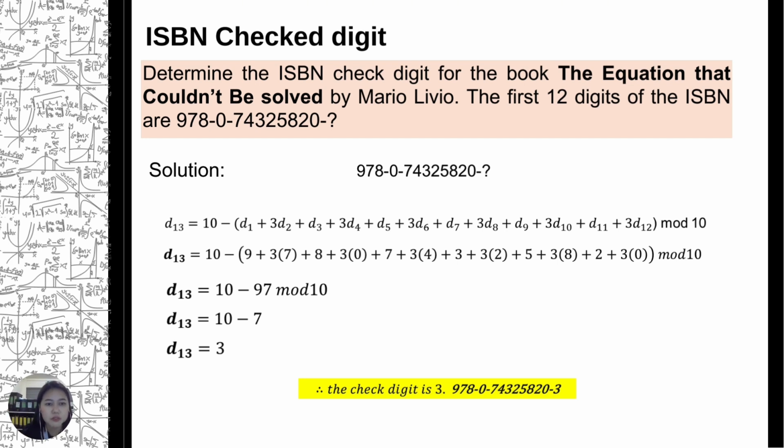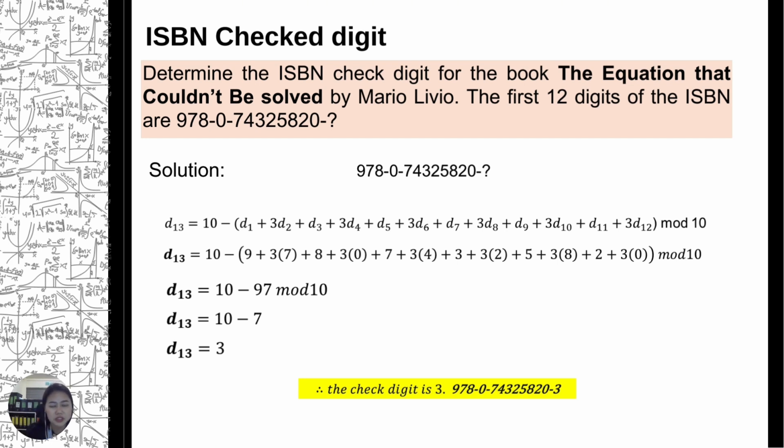Performing the calculations, 10 minus 97 modulo 10. We first need to identify the remainder of 97 modulo 10, which is 7. So 10 minus 7, therefore the value of D sub 13 is equal to 3.